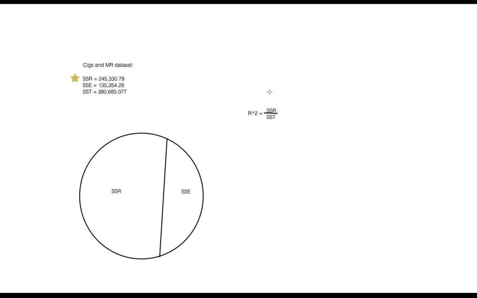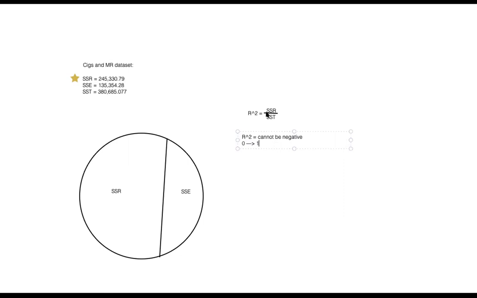So because we are turning SSR into a proportion, R squared, let's talk about the limits of R squared. Because it is a proportion, it cannot be negative, because you can't have a negative proportion. It will always be some positive value, but because it is a proportion, it will range from 0 to 1.